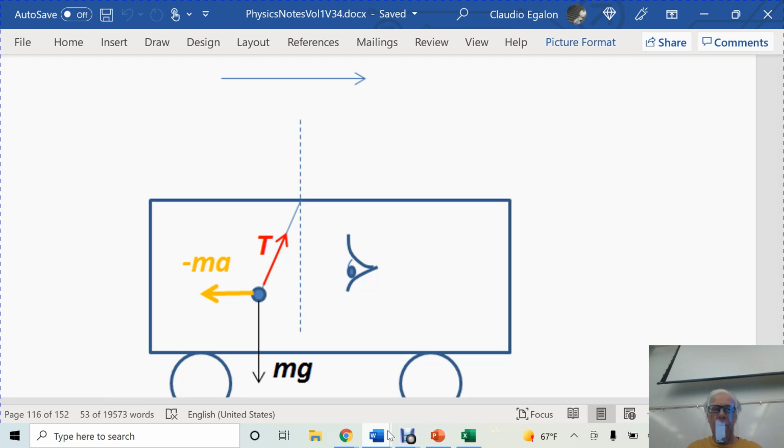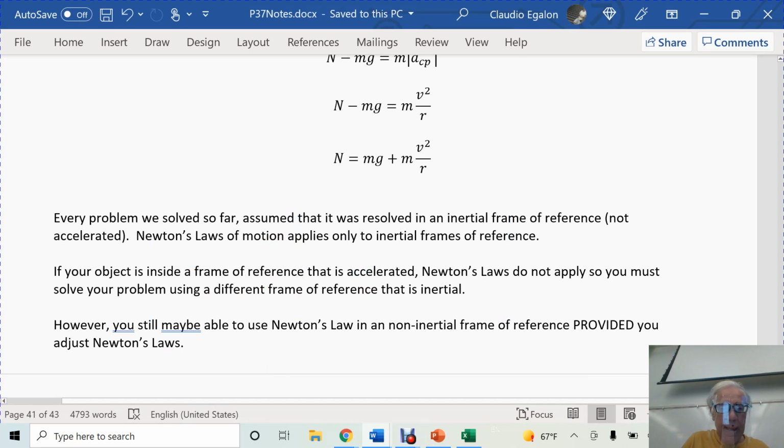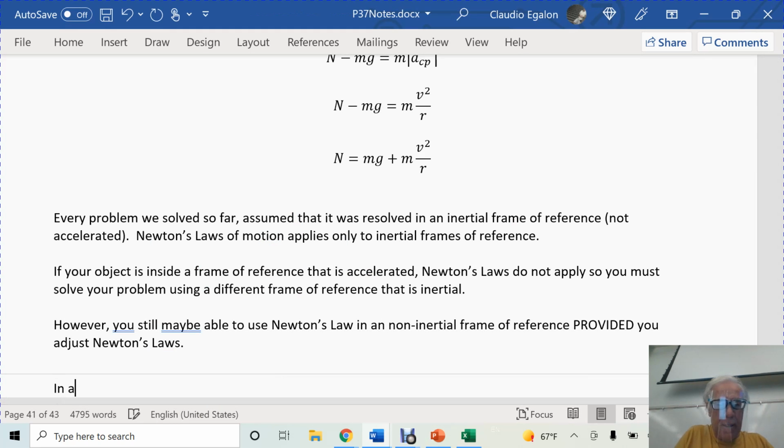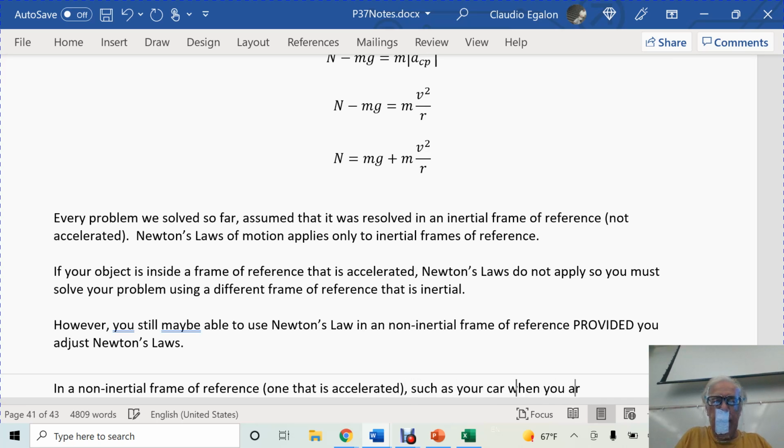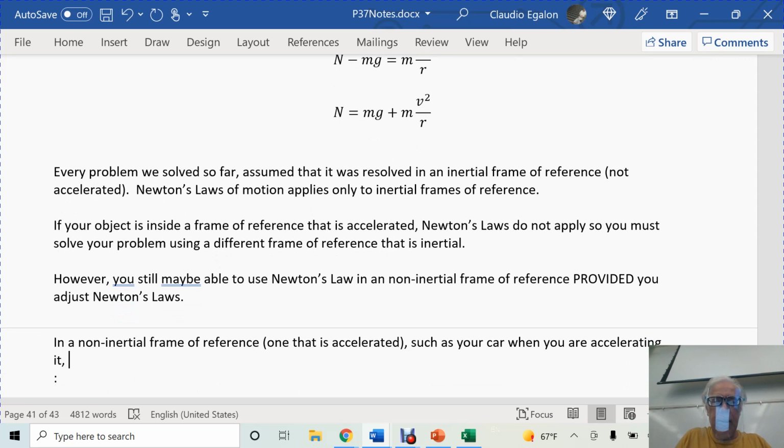Okay, so let's write it down. In a non-inertial frame of reference, one that is accelerated, such as your car when you are accelerating it, Newton's laws of motion need to be adjusted.